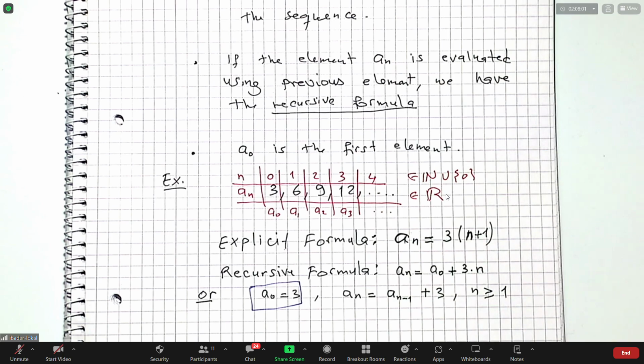So each one has its advantages and also disadvantages. And sometimes because of the definition, it's not possible to get it into another form.